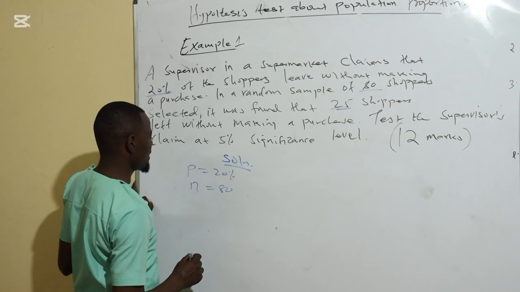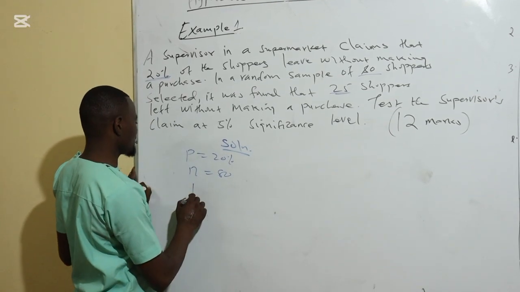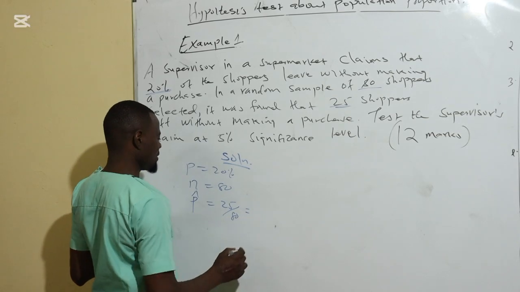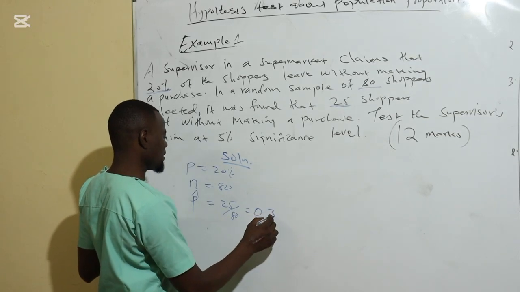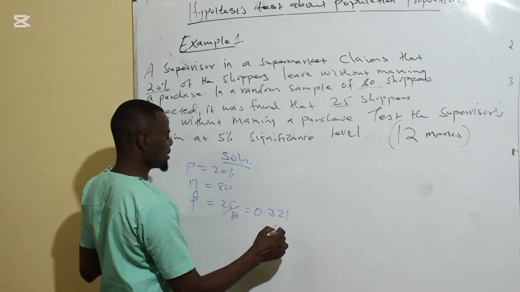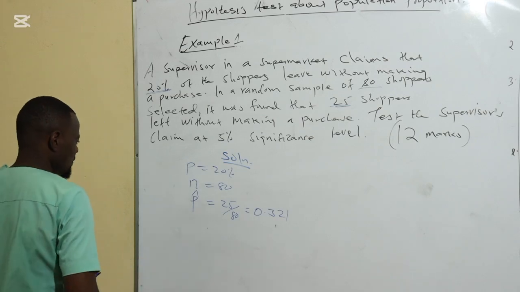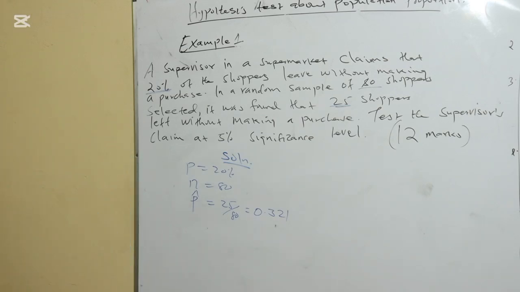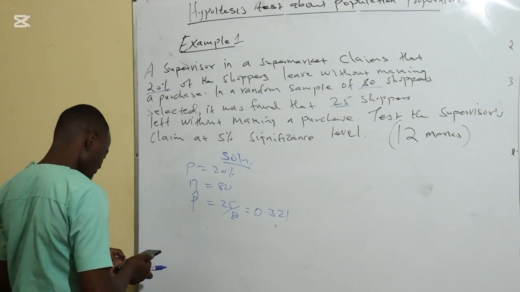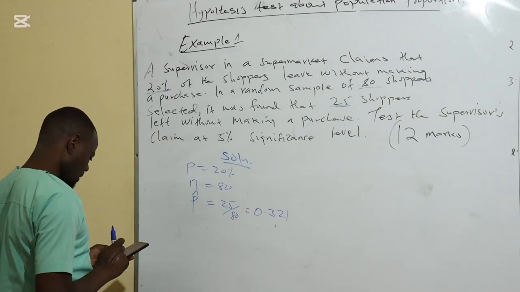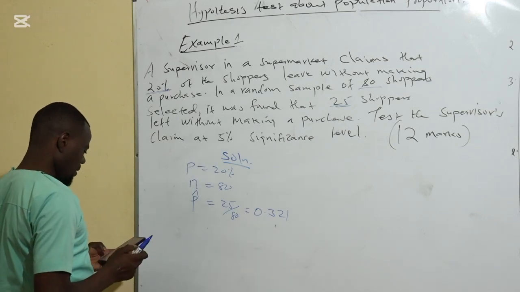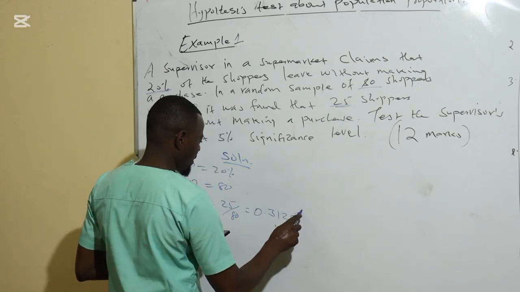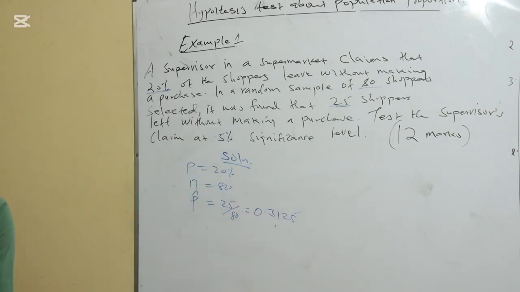So from 25, we can get the p hat, which is 25 over 80. 25 over 80 is 0.3125. So that is the p hat.